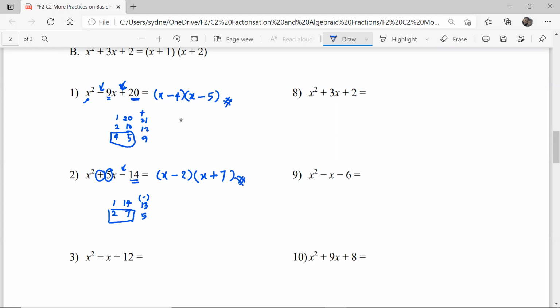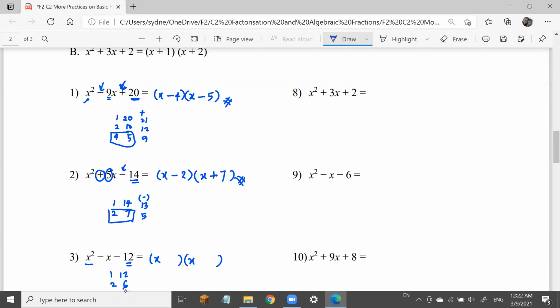That's it. Next, x squared, it is x times x. 12 is 1 times 12, 2 times 6, 3 times 4. What are we supposed to do with these factors? We minus them.